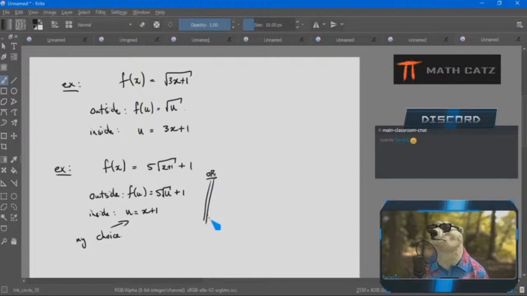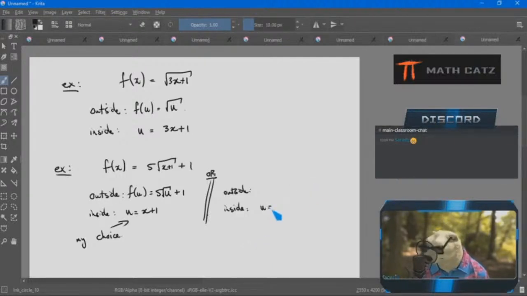Very often there are other choices for the inside function. Not always, sometimes. More than you think. I could have chosen an inside function, I call it u, I could have chosen the square root of x plus 1. Why do I write so small?